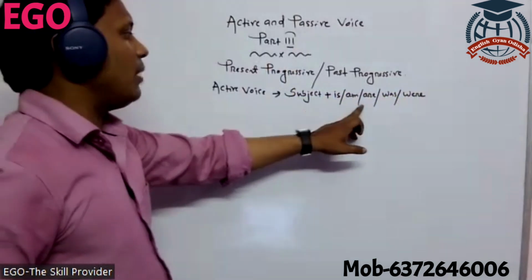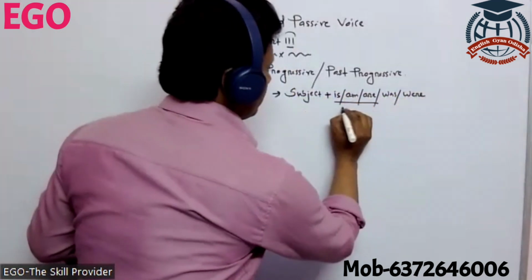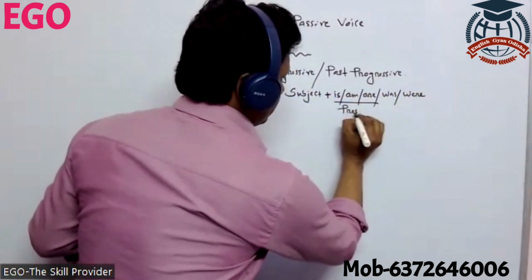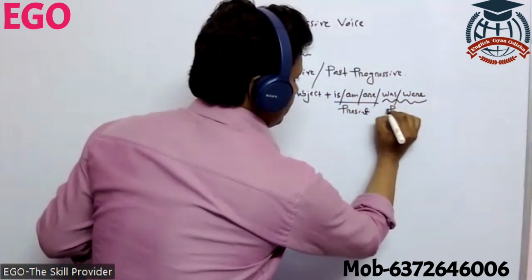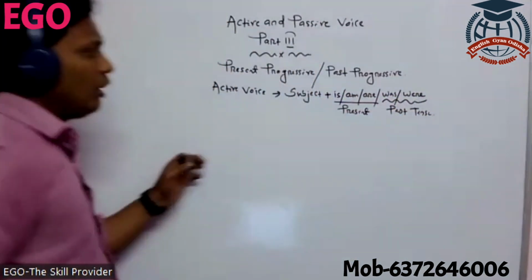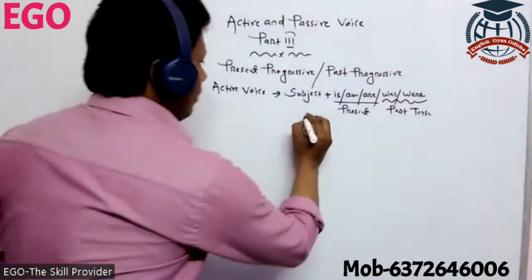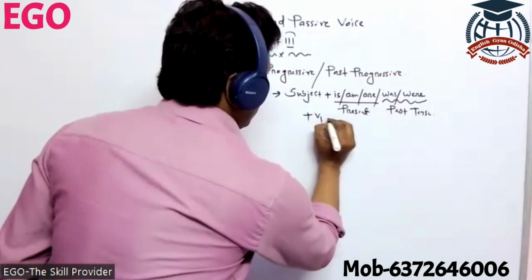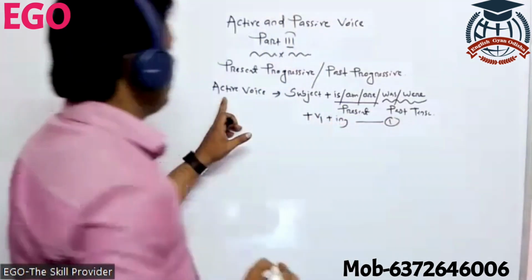Subject plus is, am, are, this is for present tense, and this is for past tense. And we call it be verb. Okay, and be verb plus ing. This is the thing that is called active.